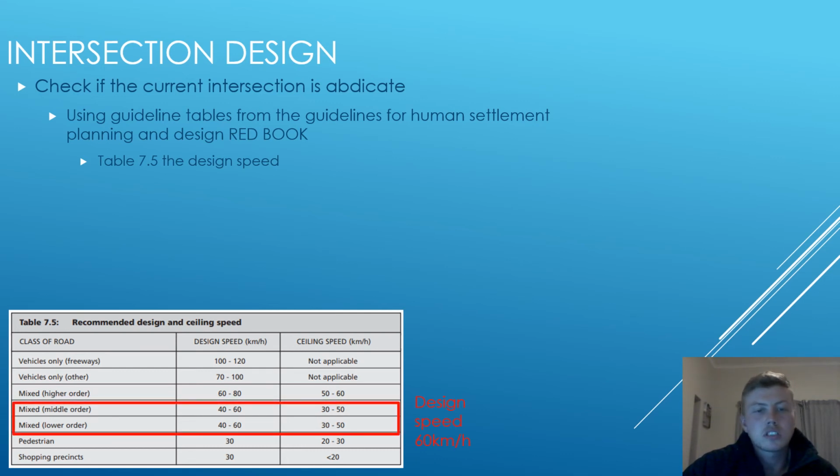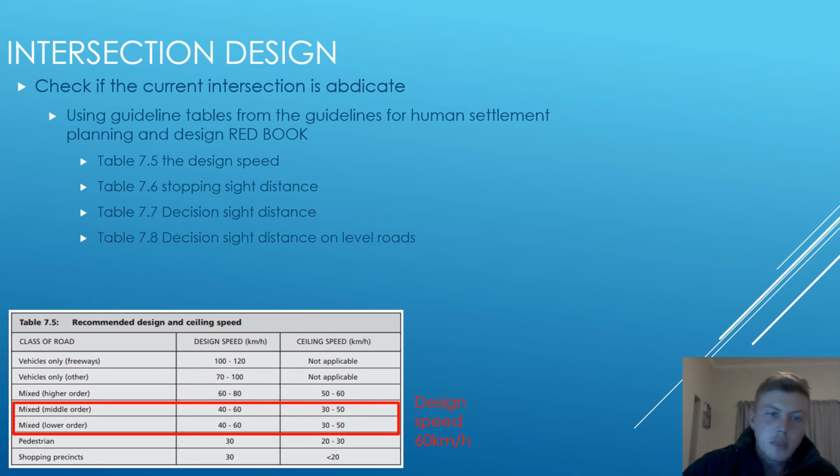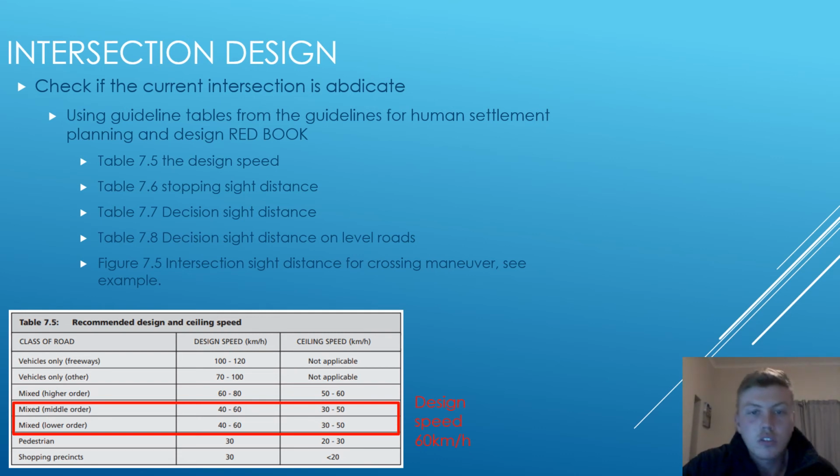It was also just a simple read out of the book. Table 7.6 was to determine the stopping sight distance. Table 7.7 was to determine the decision sight distance. Table 7.8 was the decision sight distance on level roads. And Figure 7.5 gives the intersection sight distance for cross maneuver.